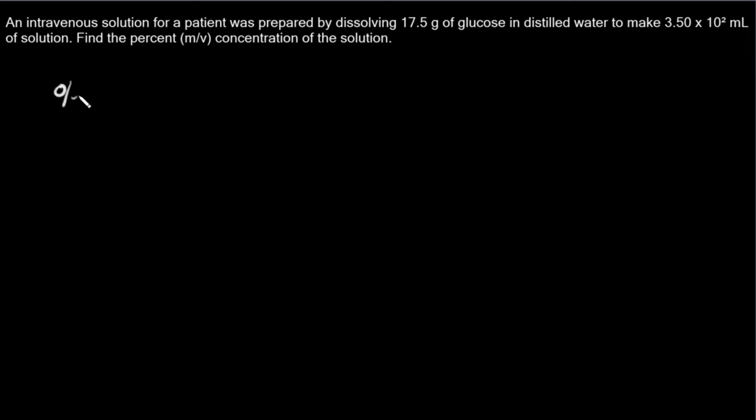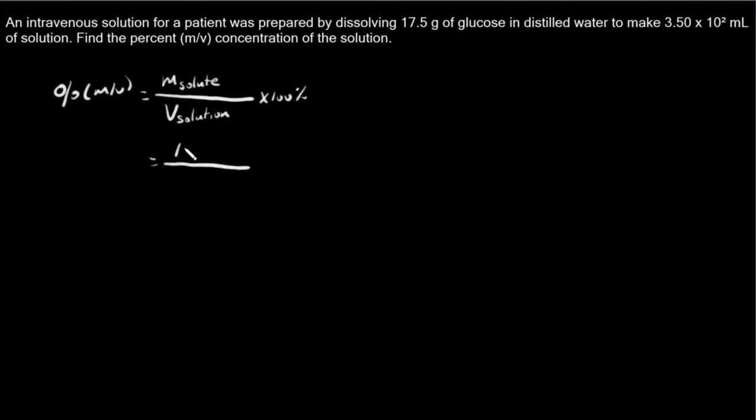Remember that the equation is the exact same, except we just need to specify that it's mass volume. We have the mass of the solute and the volume of the solution, and at the end of the day, we multiply by 100%. That 350 milliliters includes the sugar that's been dissolved in it. The sugar doesn't add much to the volume, but it is not negligible.